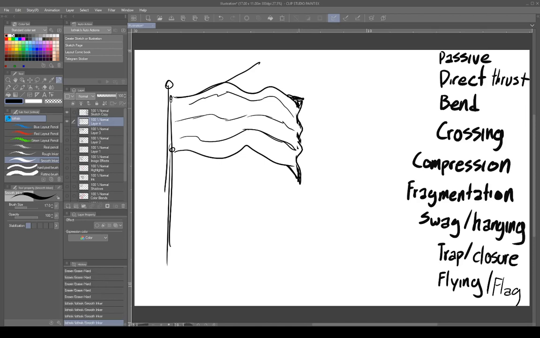A flag might have corners, but it's not necessarily all the time you can see those corners. But it's got these points where it's attached, you're going to see the corners. But everything that's flowing out from that is going to be affected by wind, speed, and direction, and all sorts of stuff. So yeah.